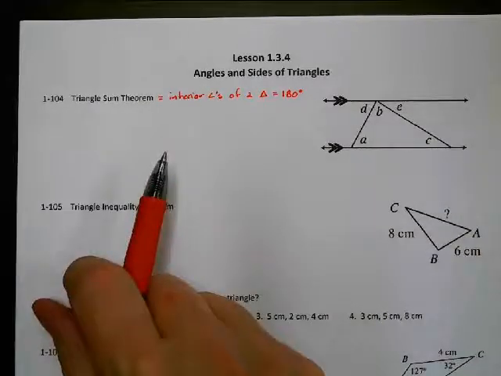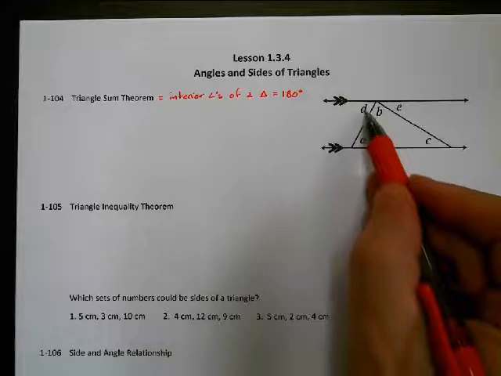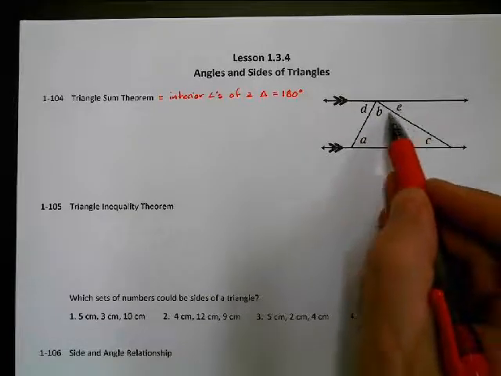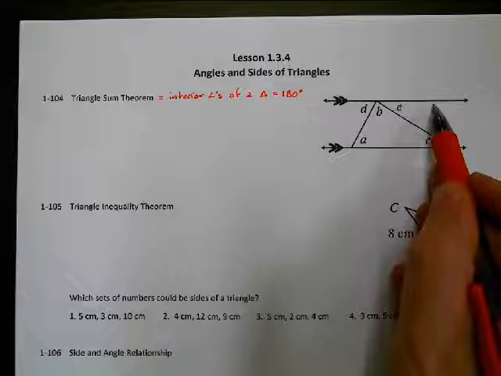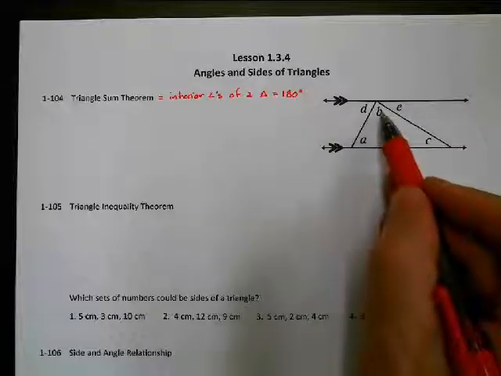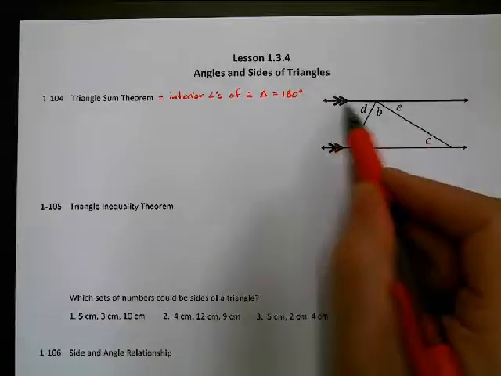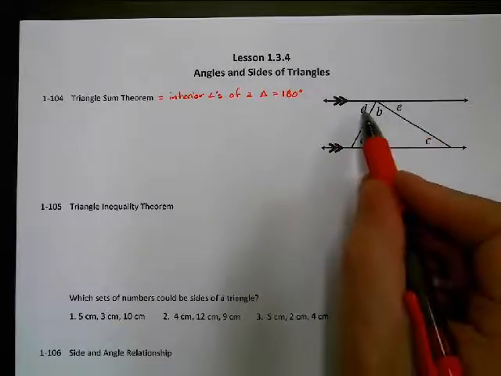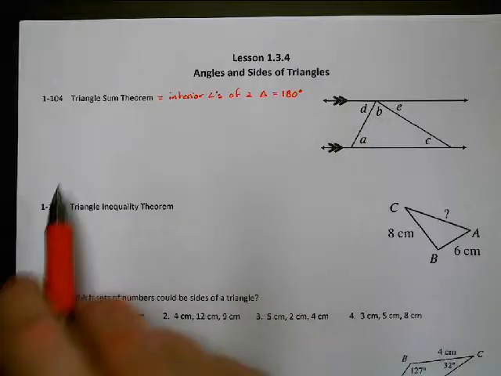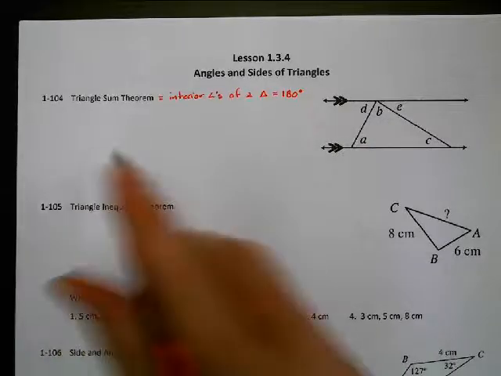So here's the first thing I'm going to say. These three angles up top make a straight line together. So if they make a straight line together, then D, B, and E must add up to 180.